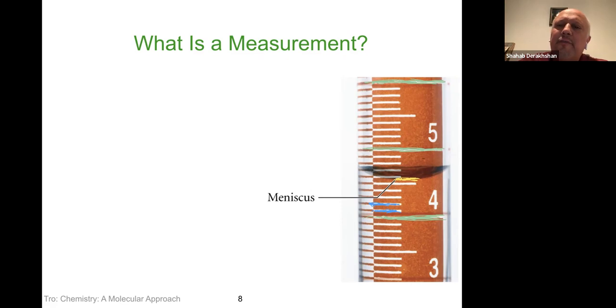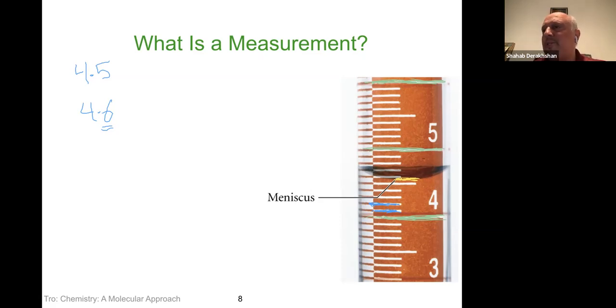So 4.5 and 4.6 are the digits that you are certain about. So your device is graduated based on 0.1 milliliter. Anything after this digit is going to be based on guesstimation. You are allowed in any measurement to guesstimate one more digit, and you should do it.